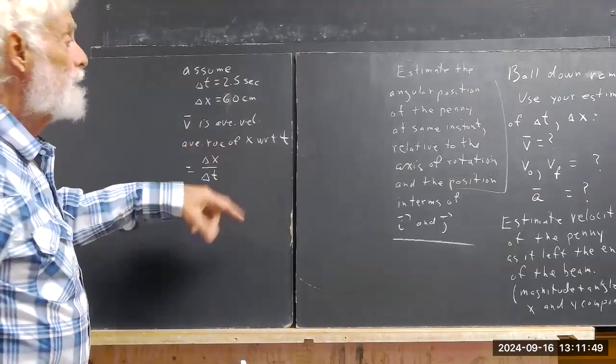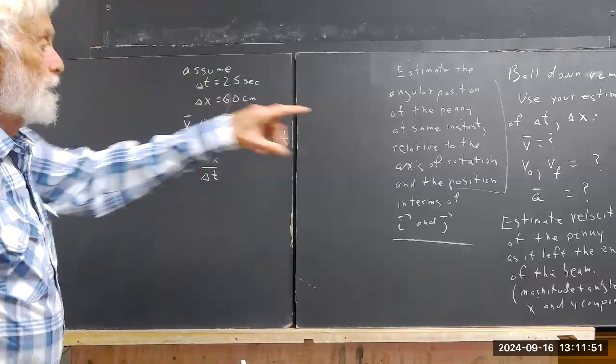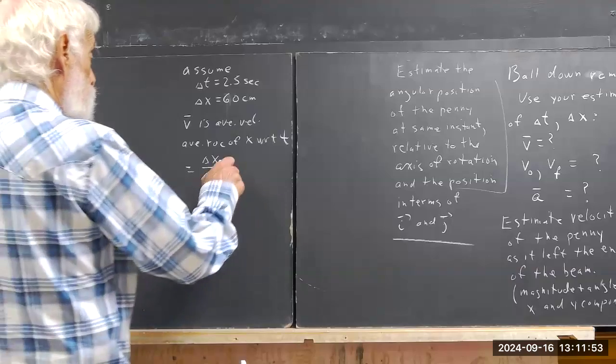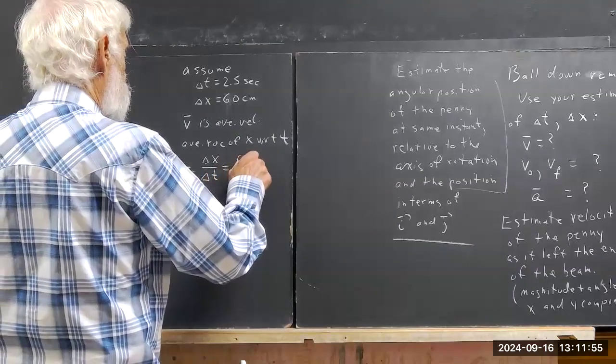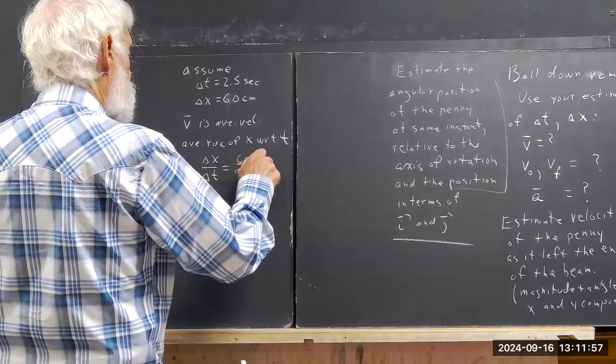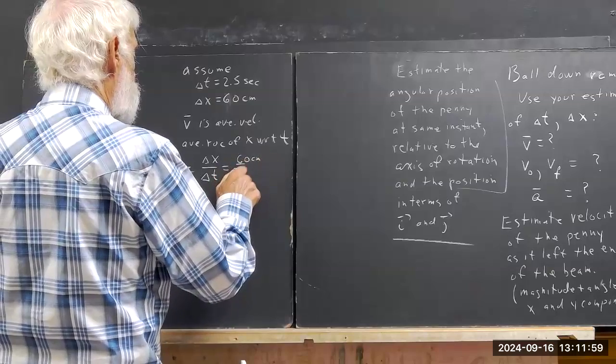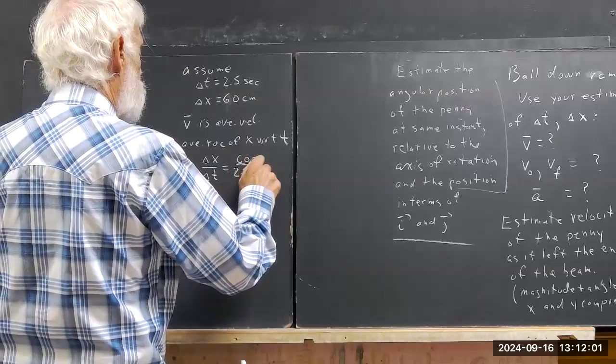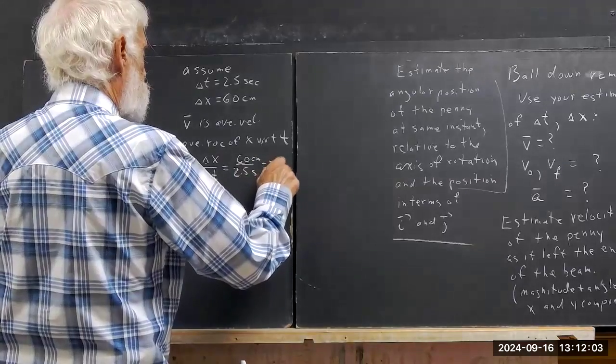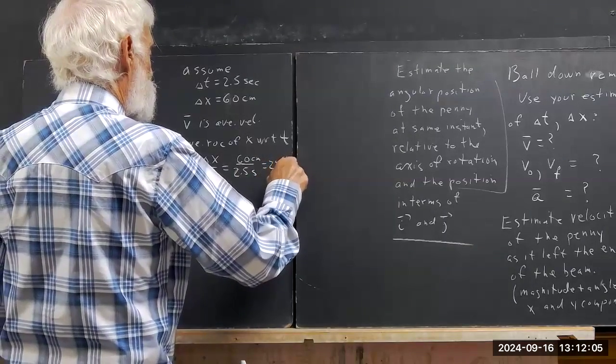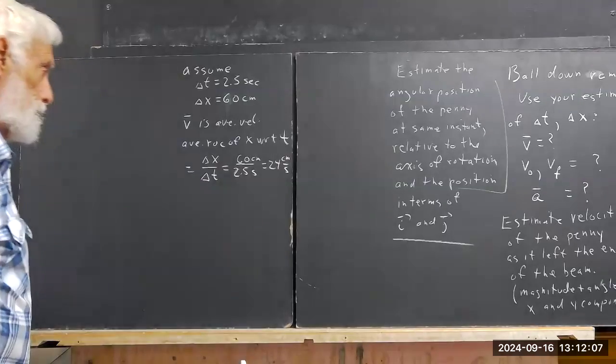Okay, well, all that aside, for this problem the average rate of change is very simple, 60 centimeters over 2.5 seconds, which is 24 centimeters per second.